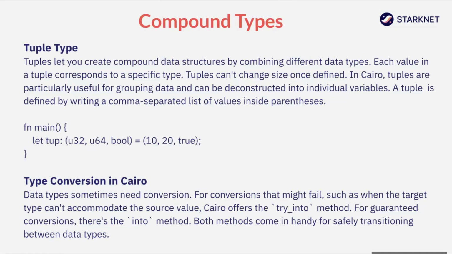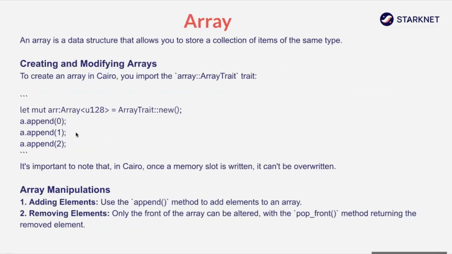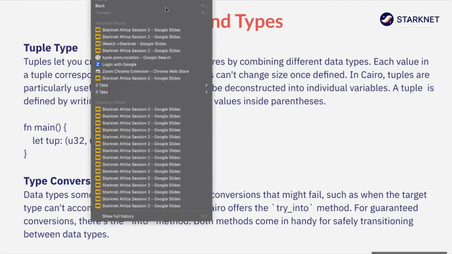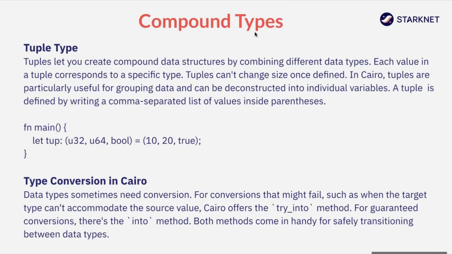For instance, let's say you have a data type of u8, and you want to convert to u256.